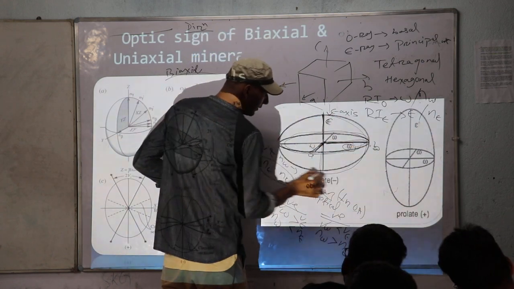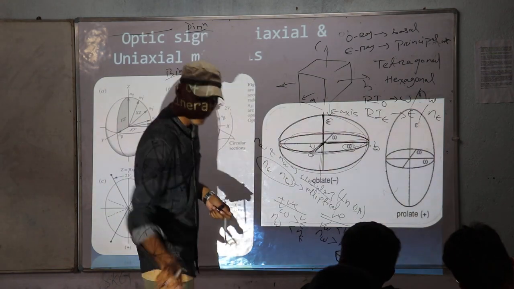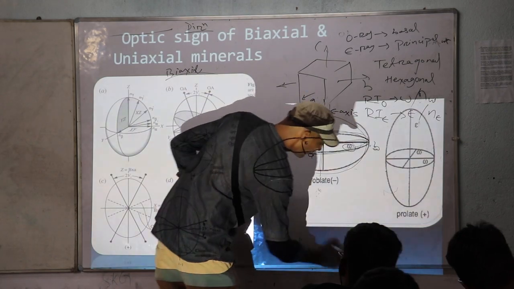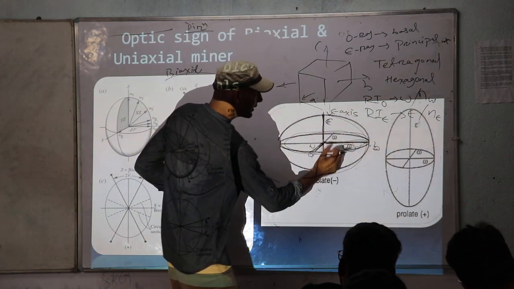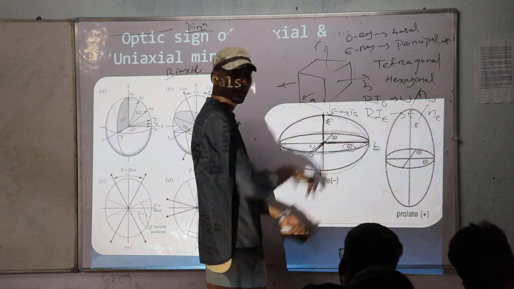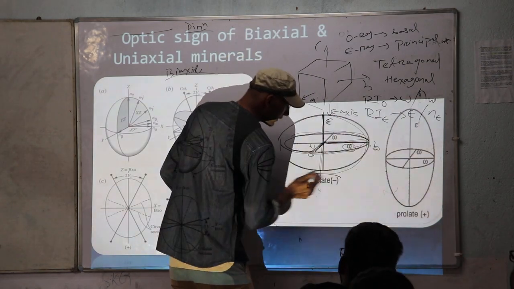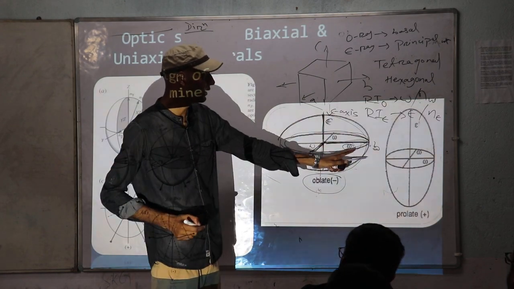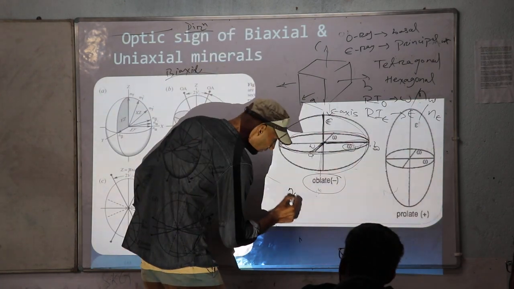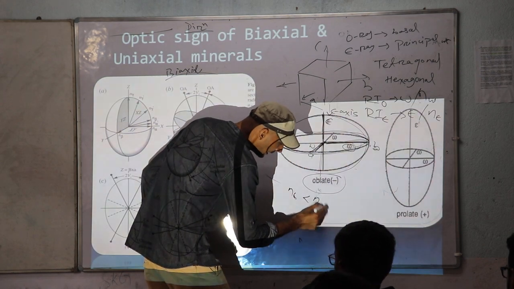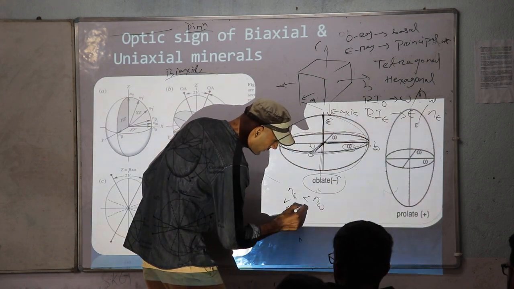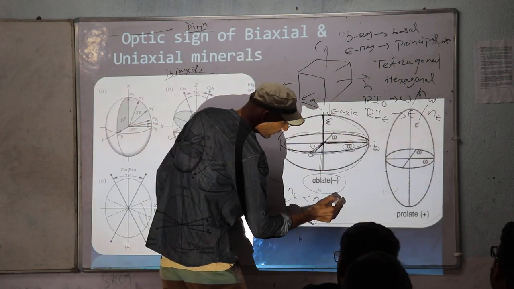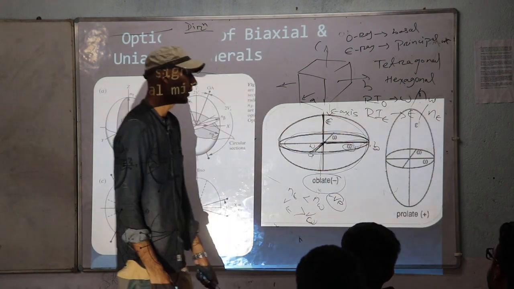So here we will get an oblate spheroid, because in this section the radius will be greater and in the vertical section that will be compressed. So that is oblate. And for oblate, as I have told, n epsilon is smaller than n omega. That means velocity of E ray is faster than velocity of O ray. So it is a negative mineral.